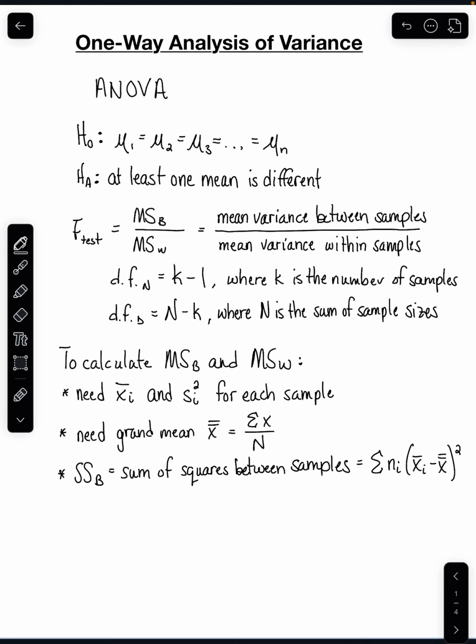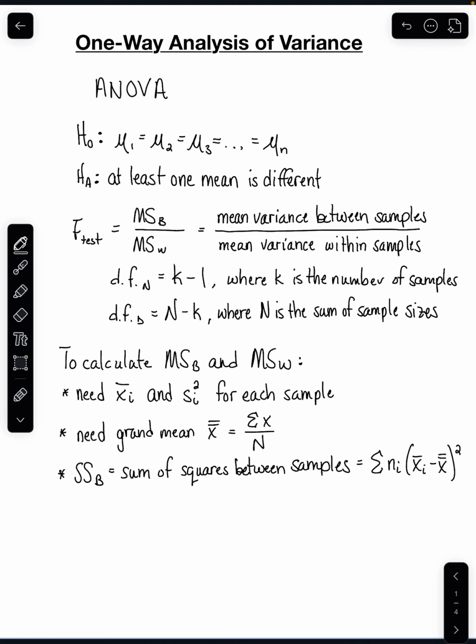So let's look at what that is for a second. The grand mean is taking all of the samples and treating them as one big sample. Each x bar sub i is unique to each individual sample.